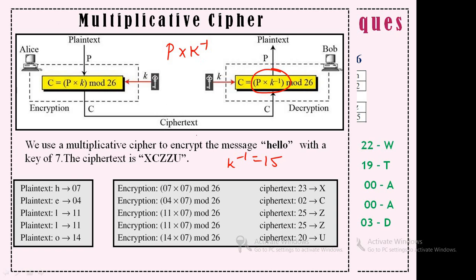What I mean is, suppose for the first letter X, can you tell me what should be the writing? 23 into 15, correct? Mod 26. So it comes around 7. What is 7? H. What we have taken is 8.